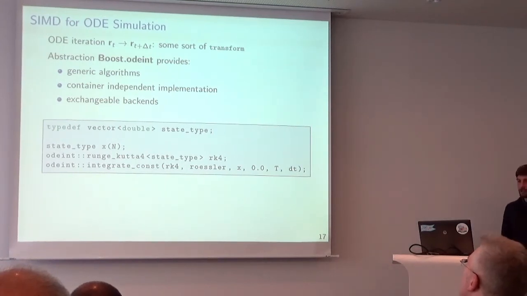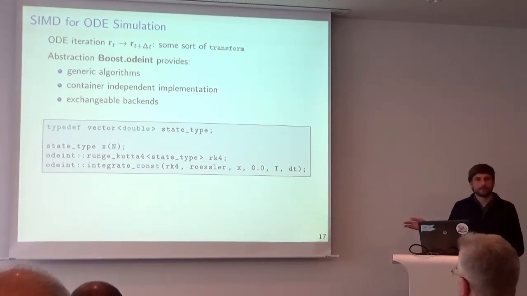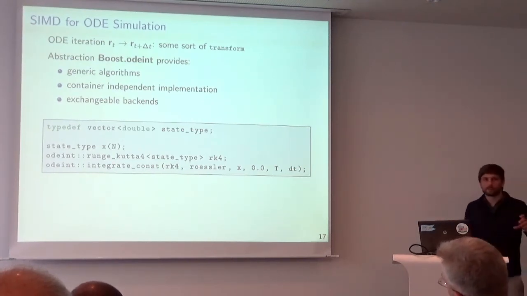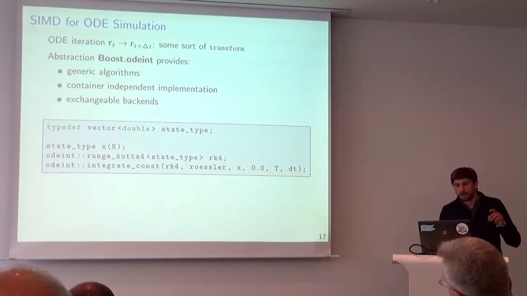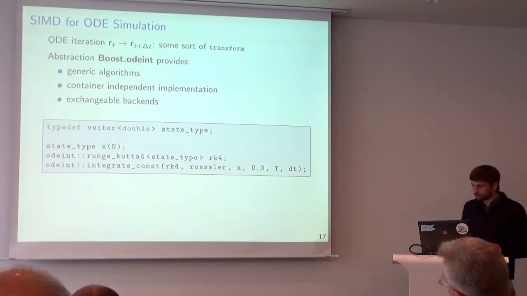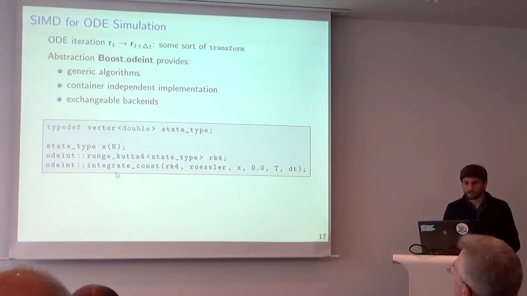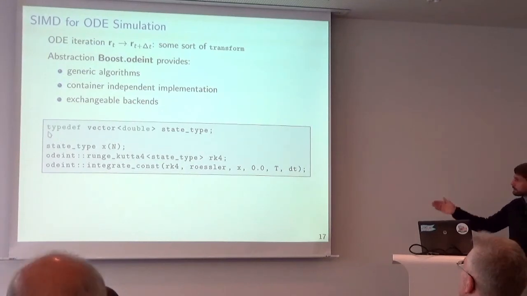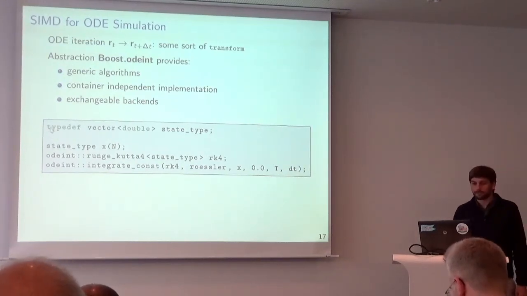I can also exchange the backends if I have to, but with the Boost Simdi library, I don't even have to exchange the backends because the usual approach of just operators and iterating works perfectly fine.